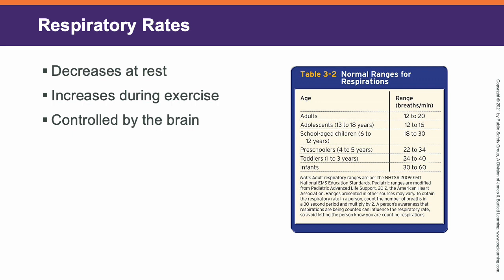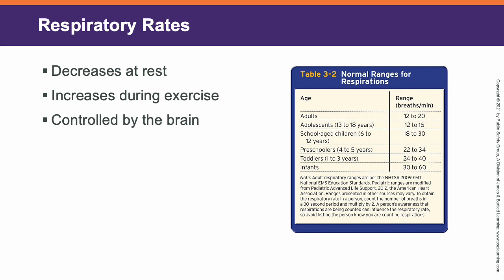So this is a quiz question. Make sure you understand these numbers, okay? For adults, your respiratory rate is between 12 and 20 breaths per minute. Adolescents is between 12 and 16. School-age children, 18 to 30. Preschoolers, 22 to 34. Toddlers and infants, 30 to 60.